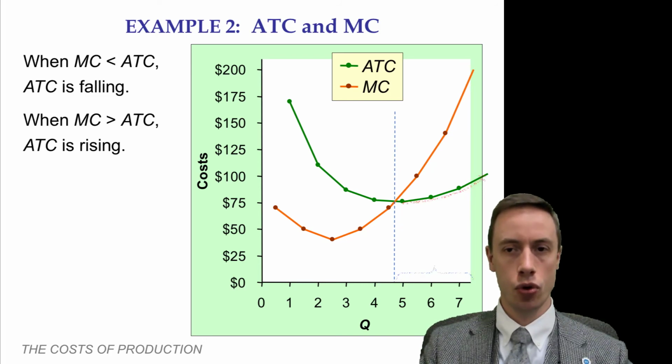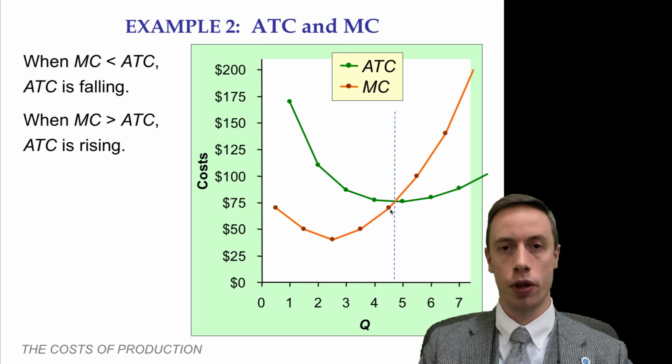So let's put these two concepts together. If we want to minimize the average cost of production, in our example that would be 5 units, that's the lowest point, the efficient scale of average total cost. Here's how you can think about this on the margin. You produce every unit whose marginal cost is less than the average, because they'll make the average drop.